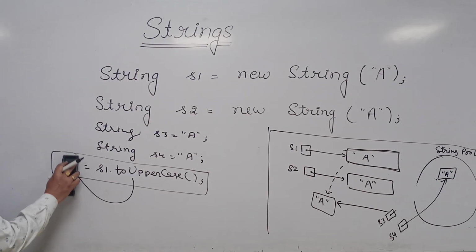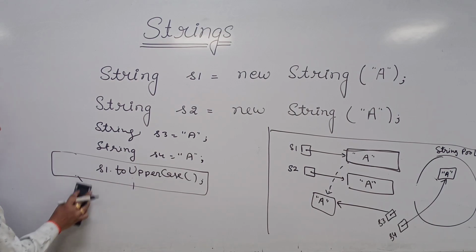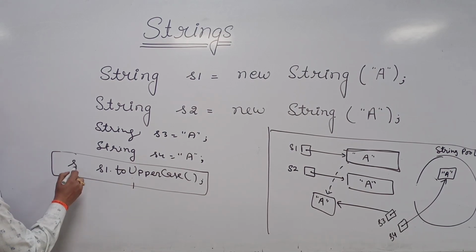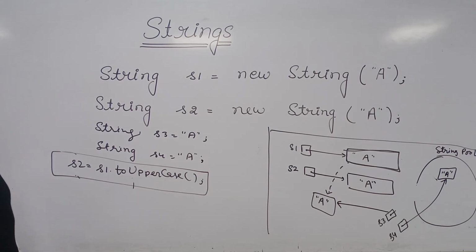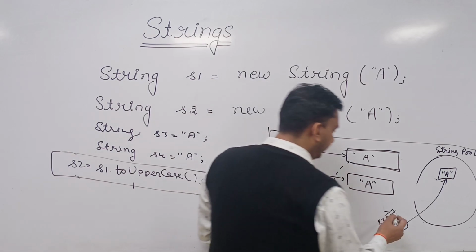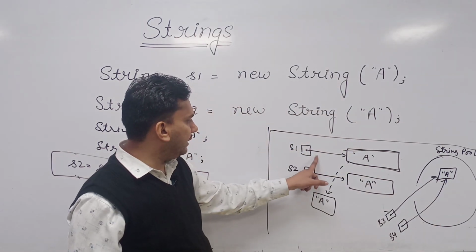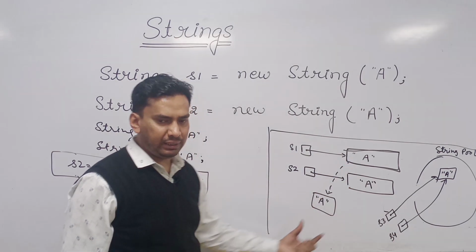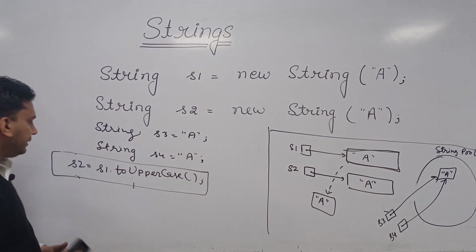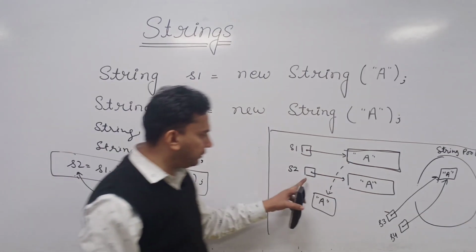But suppose I might have written like this, S2 = S1.toUpperCase(). Now what I am trying to do here is, this was the situation. I said S1.toUpperCase(), a new object is created, and its address I am assigning to S2. So this is your S2.